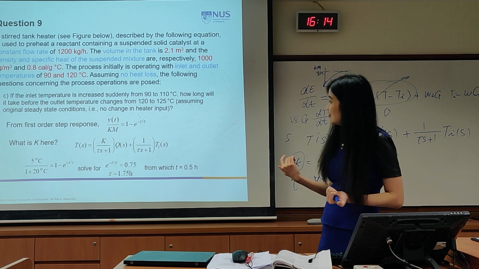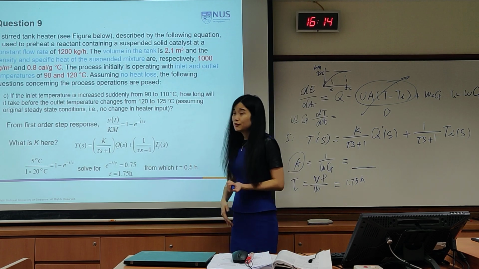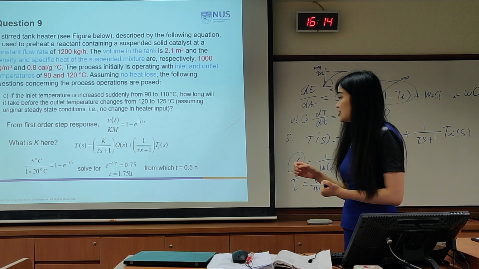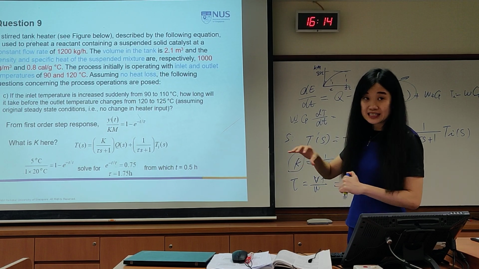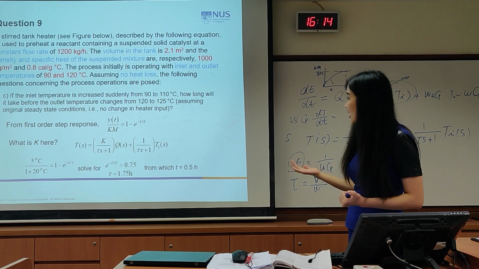Okay. So now it's not asking you to reach the final steady state, just asking how long it will take to reach this 5-degree change. So use the change of the temperature, the change of the magnitude, back to the time required.